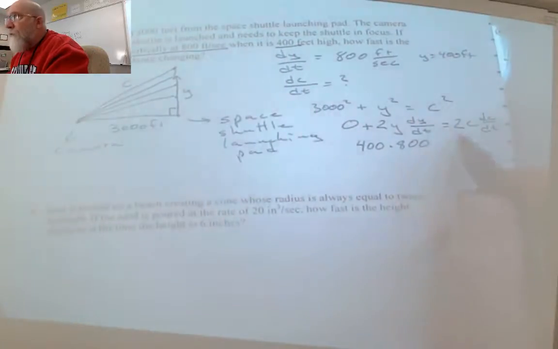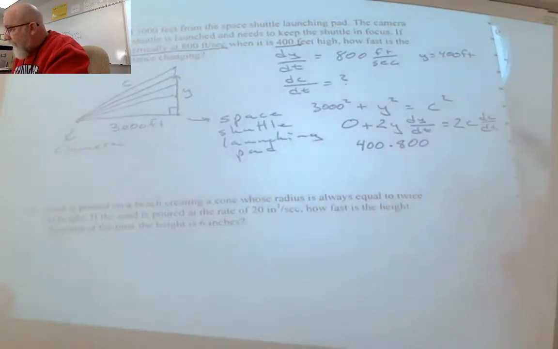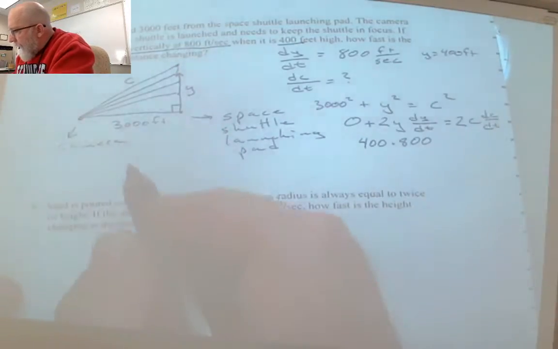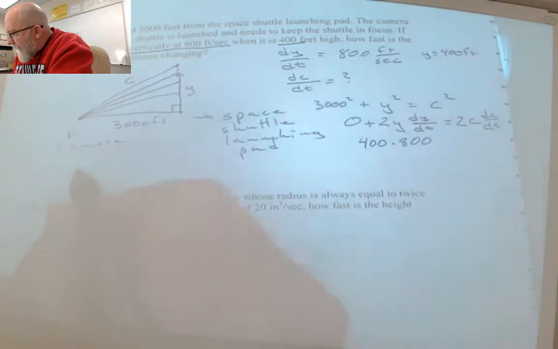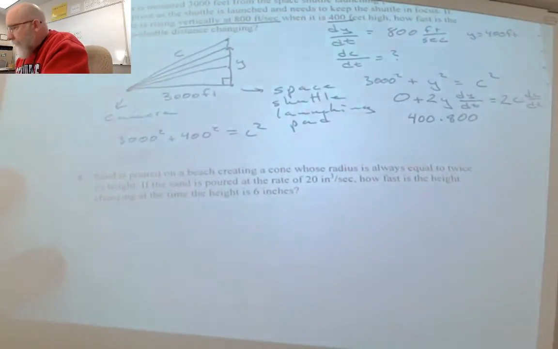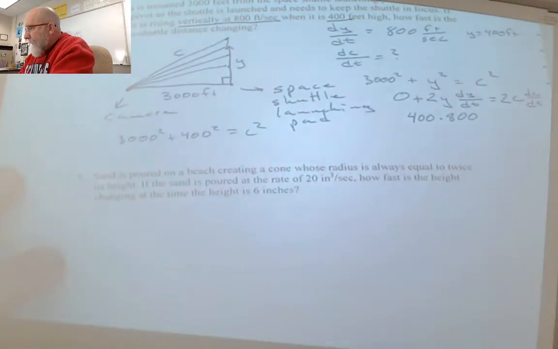I divided by 2 in my head, correct? Do I have c? No. Can I figure out c? Yeah. So I'm going to put in 3,000 squared plus 400 squared, correct, equals c squared. I'm going to need some calculator help on this one. How many decimals do you have? 3,026.549.